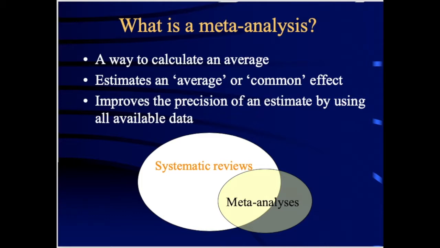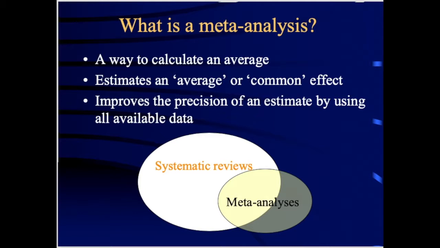The Venn diagram shows you that you can have a systematic review with or without a meta-analysis. And you can have a meta-analysis that are not part of systematic reviews. Someone could easily find a few studies that support their preformed conclusion and calculate a result with no attempt to be systematic. These types of meta-analysis are very biased and should not be confused or referred to as being systematic in nature.